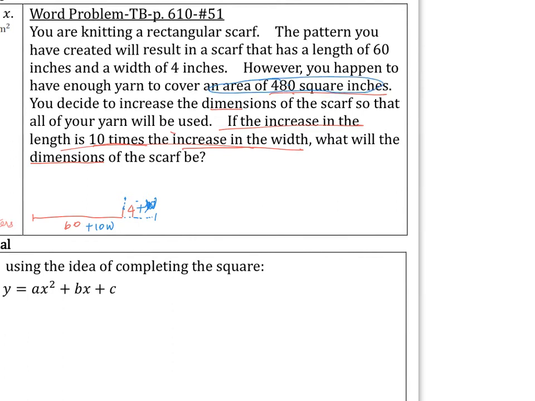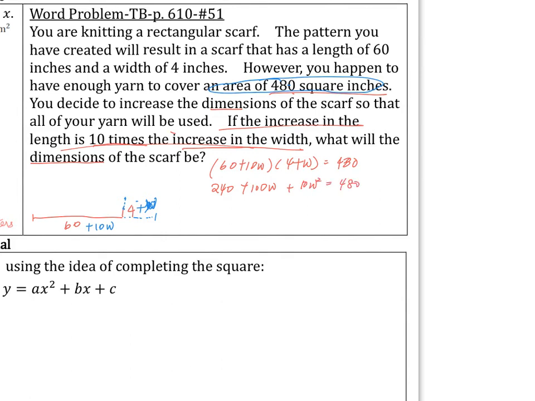And we're ready to set up our quadratic equation. 60 plus 10W times 4 plus W will equal 480. Okay, we can use the FOIL method. 240, 60W plus 40W gives you 100W. And then we have 10W squared equals 480.